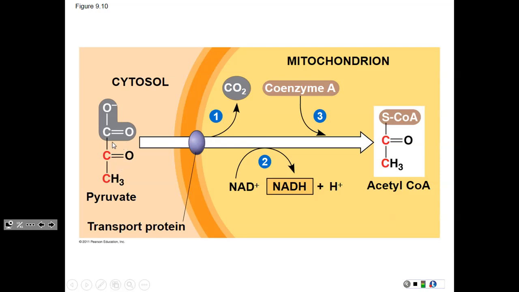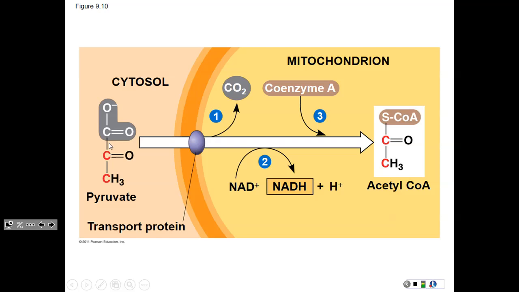But what's happened is that you've lopped off this carbon with its 2 oxygens to release carbon dioxide gas. If you're doing bookkeeping of high-energy covalent bonds, note that we've lost 1 high-energy covalent bond in this process.